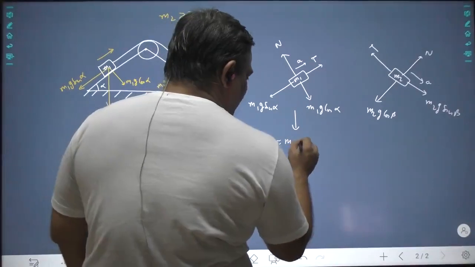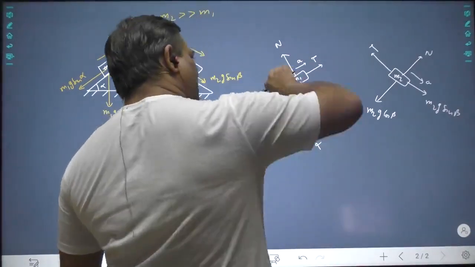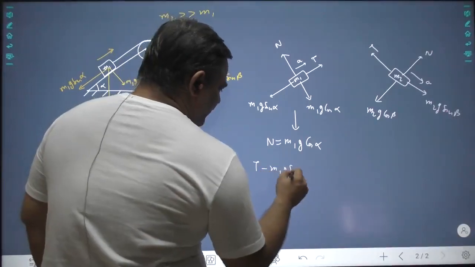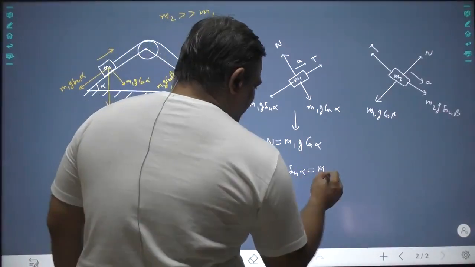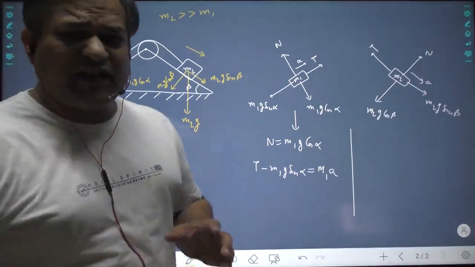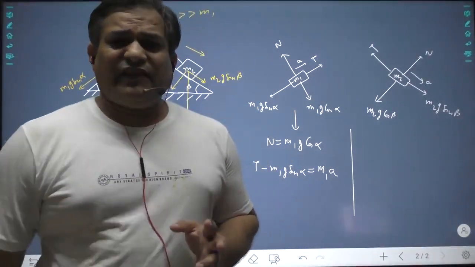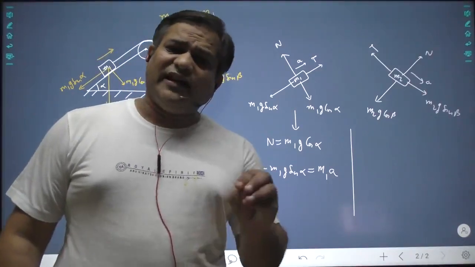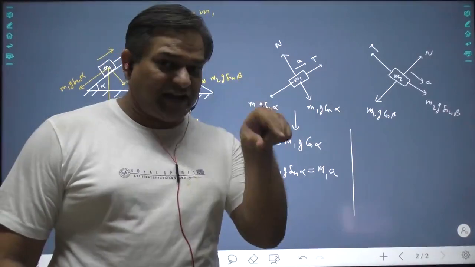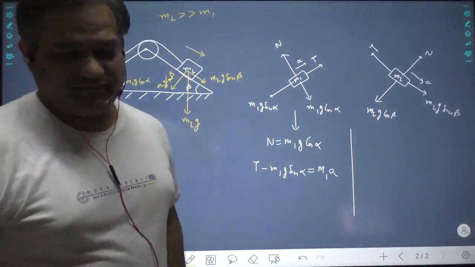N equal to M1G cos alpha. But along this there is motion. So T minus M1G sin alpha should be equal to M1A. See, solving the equation is not a big deal. Even in 9th class we solve linear equations in two variables. Making the free body diagram and writing the equation is the main part.